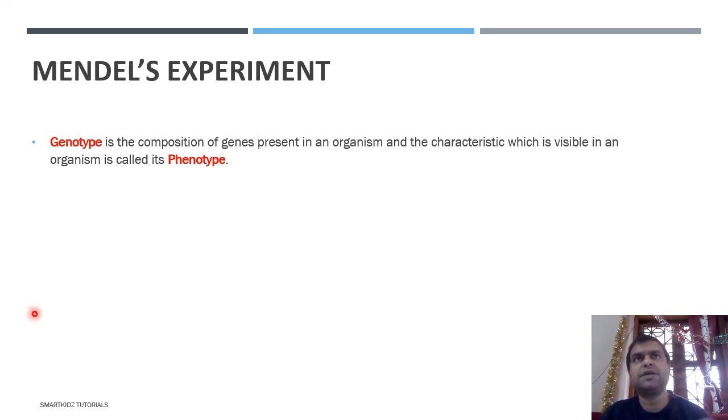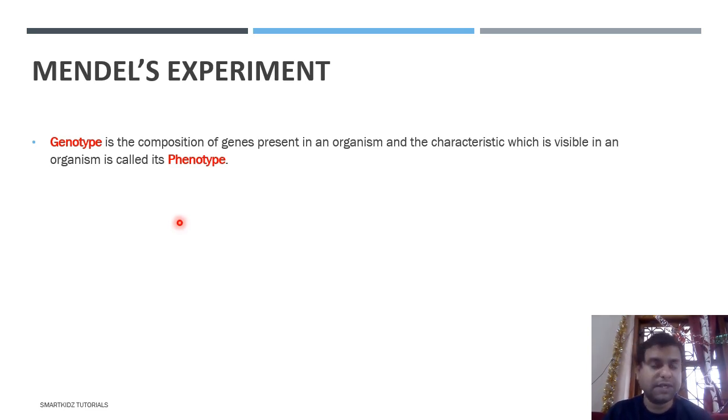So capital T, or a combination of capital T, or small t or capital T, is a genotype of an organism. Whereas what we see, like capital T is actually a tall plant. So what we see, the visible characteristic, that becomes the phenotype. So capital T is the genotype, and the phenotype would be tall plant.